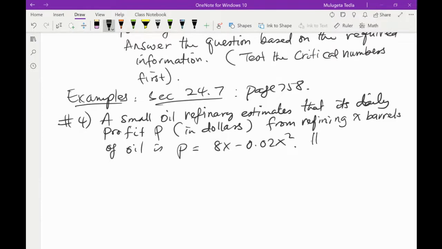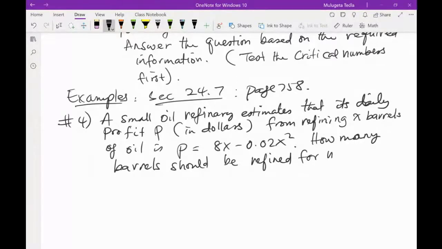How many barrels should the company produce, should be refined, for maximum daily profit? And what is the maximum profit?